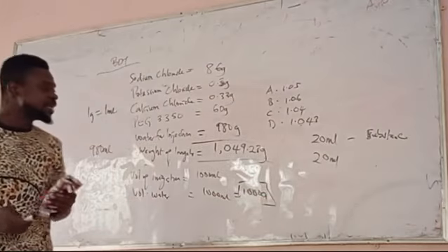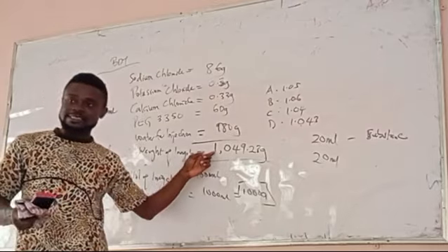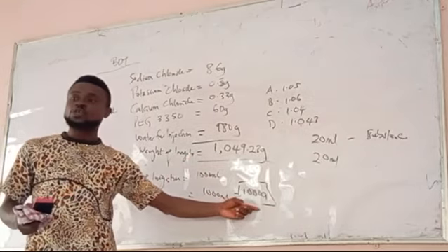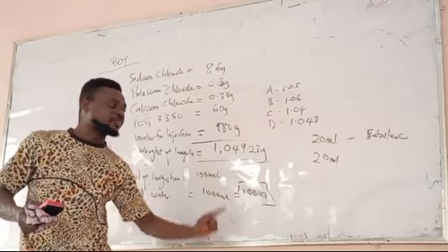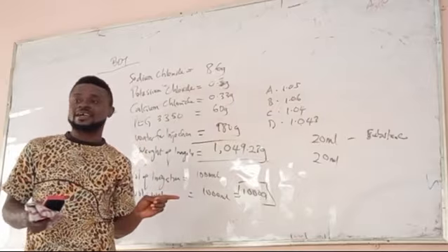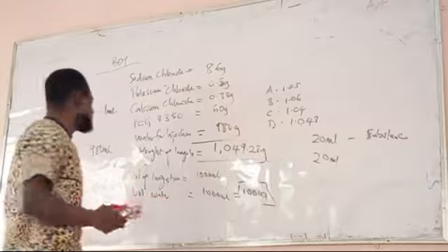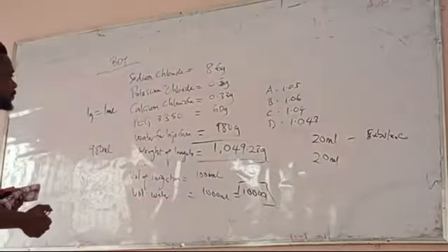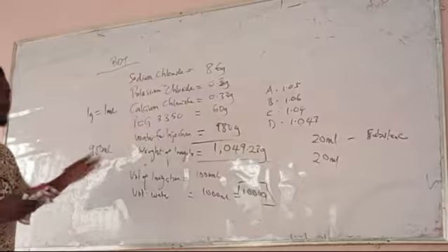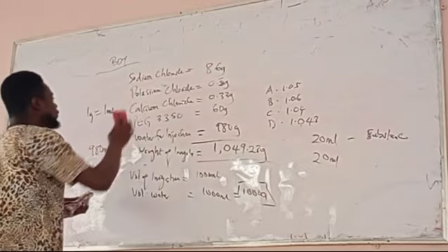So we have determined the weight of the substance, and we have also determined the weight of equal volume of water. Let us now put it back into the formula for specific gravity.